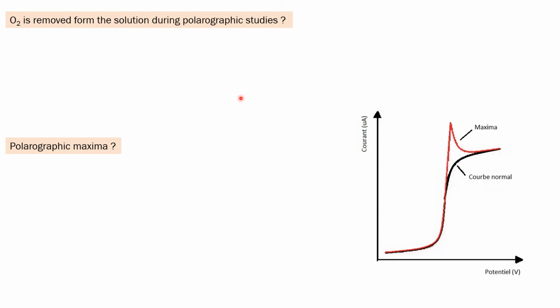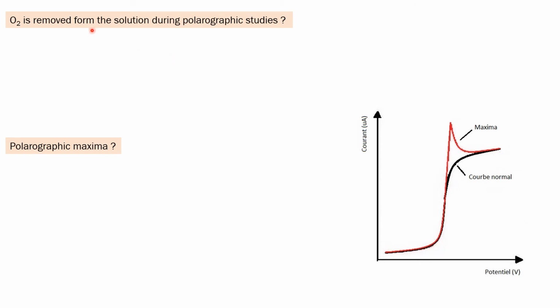In a polarographic experiment, we are dealing with the determination of an electroactive species, but oxygen also happens to be an electroactive species. So instead of the analyte, oxygen can sometimes undergo electrooxidation or electroreduction, and that can affect the result of the polarographic experiment. So it's very important to remove oxygen from the solution before we start.